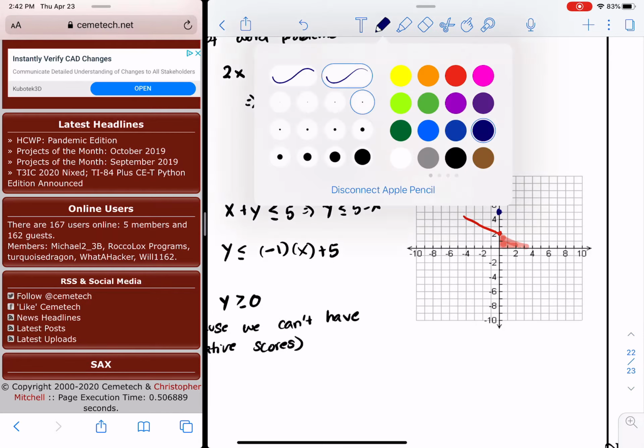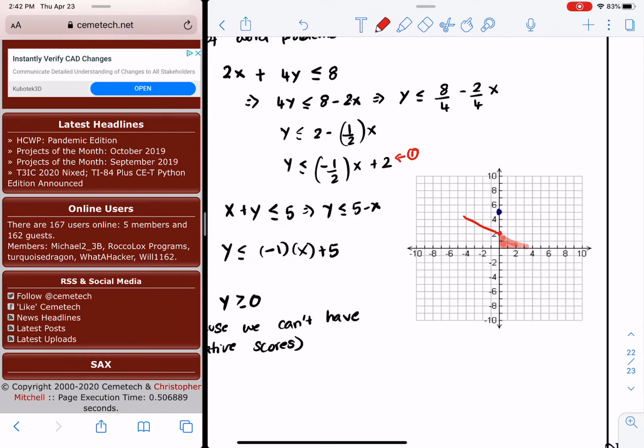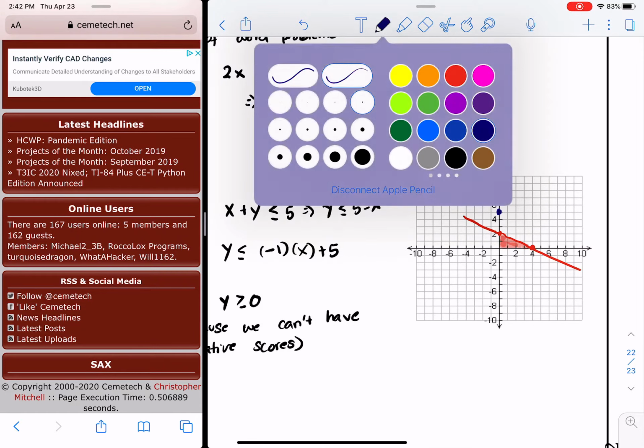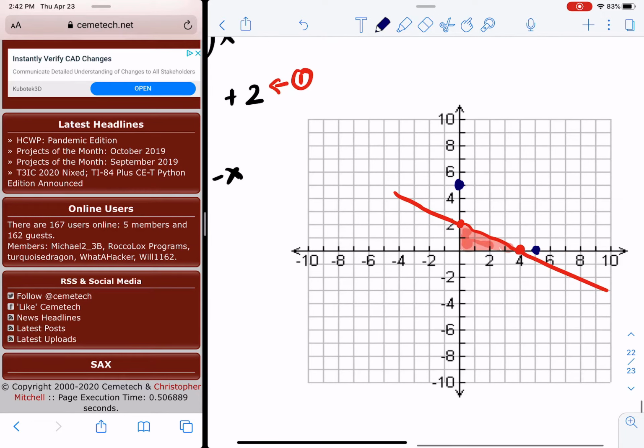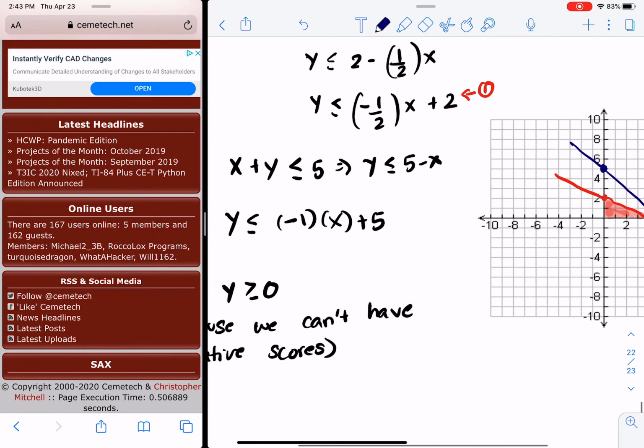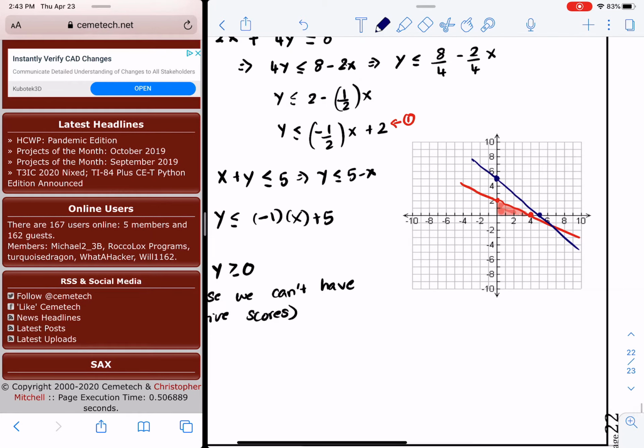And for the second line, y has to be less than or equal to the blue line that I just drew.